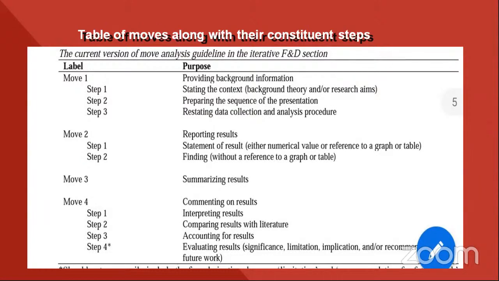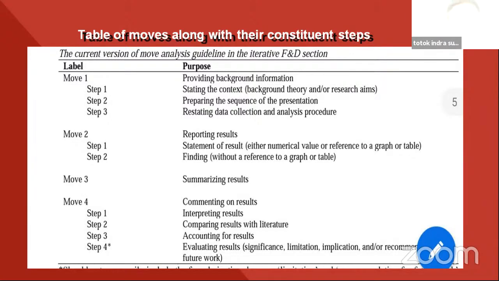There are four ideal moves: move one, move two, move three, and move four. Move one, providing background information; move two, reporting the results; move three, summarizing the results; and move four, commenting on the results.